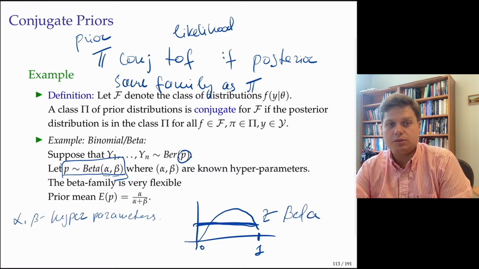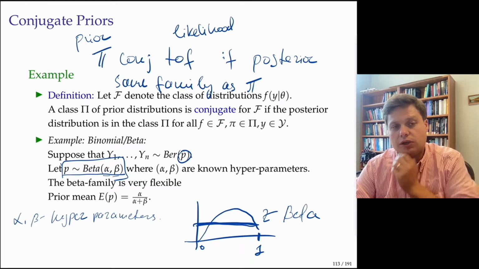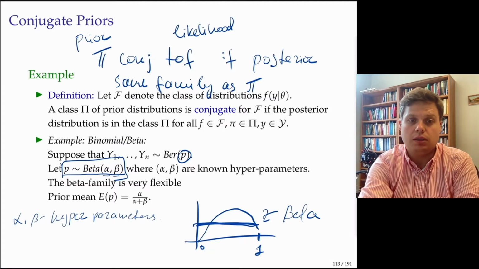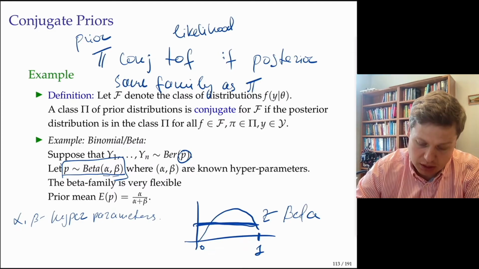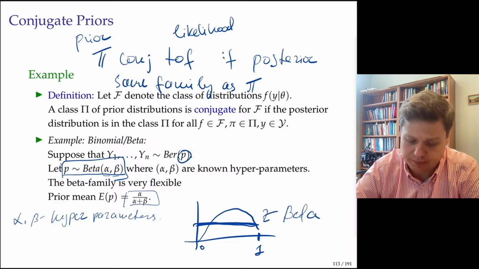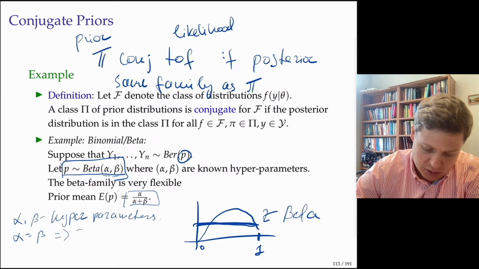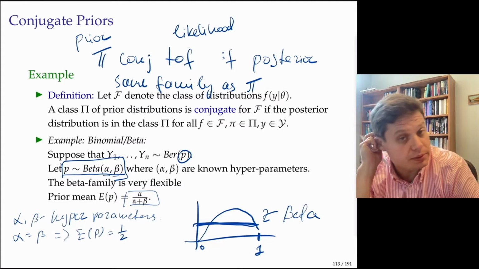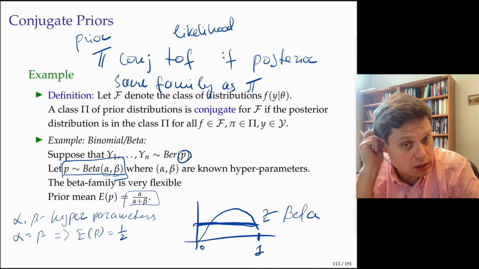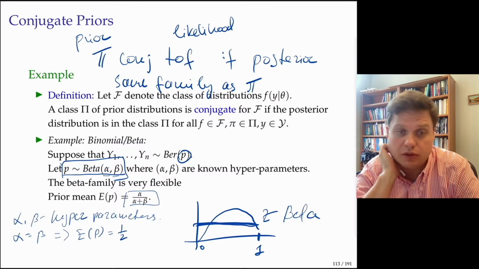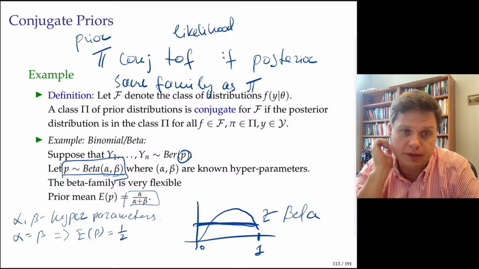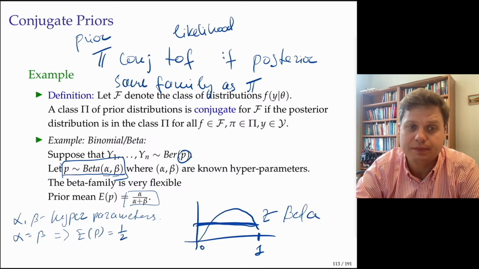And you can use the properties of the beta distribution to help you in deciding about alpha and beta. One of the properties is that the mean is the ratio of alpha and alpha plus beta. So if you choose alpha equal to beta, then your mean is going to be 1/2. So for example, if your most likely value for p is 1/2, then you should be choosing alpha and beta equal to each other.